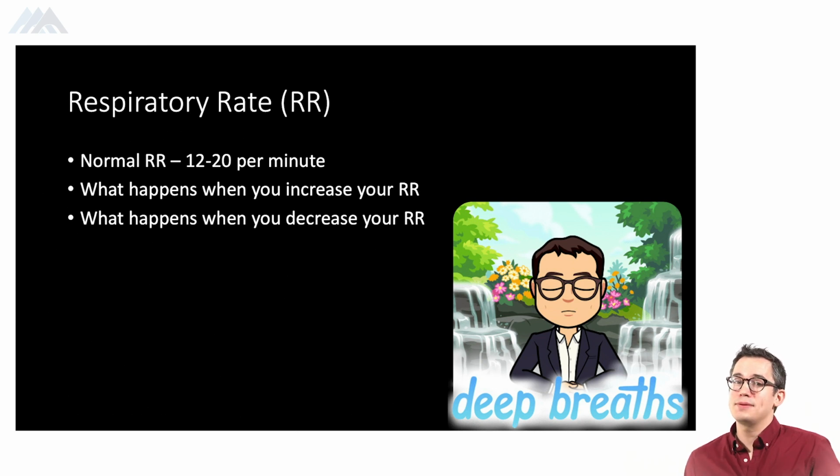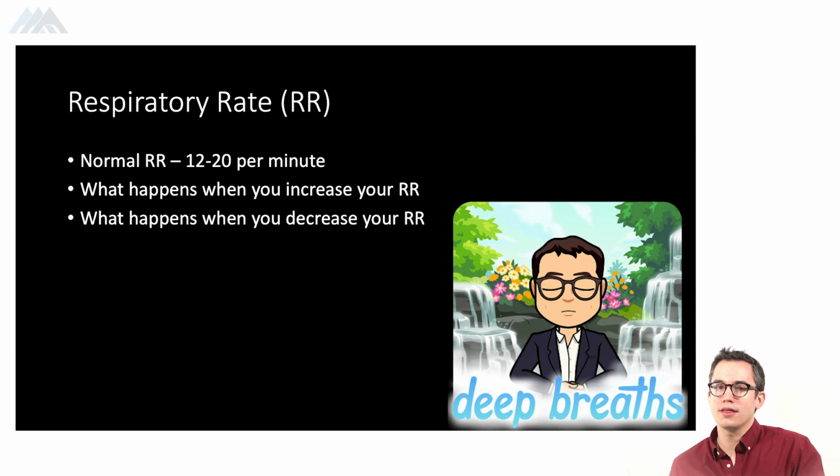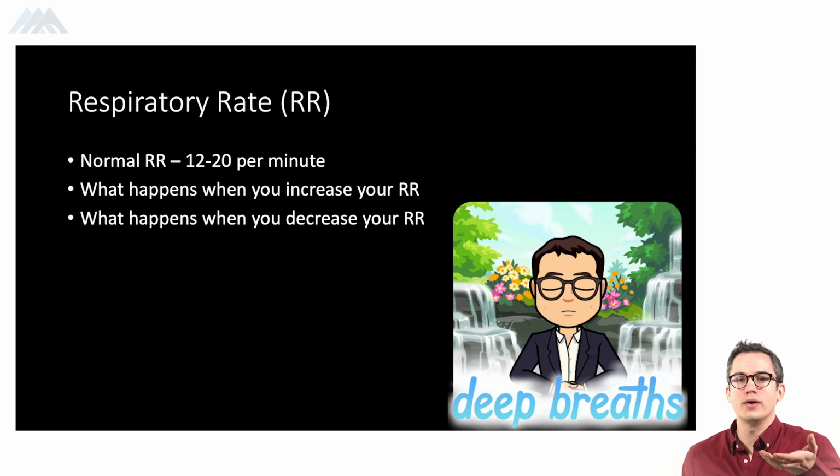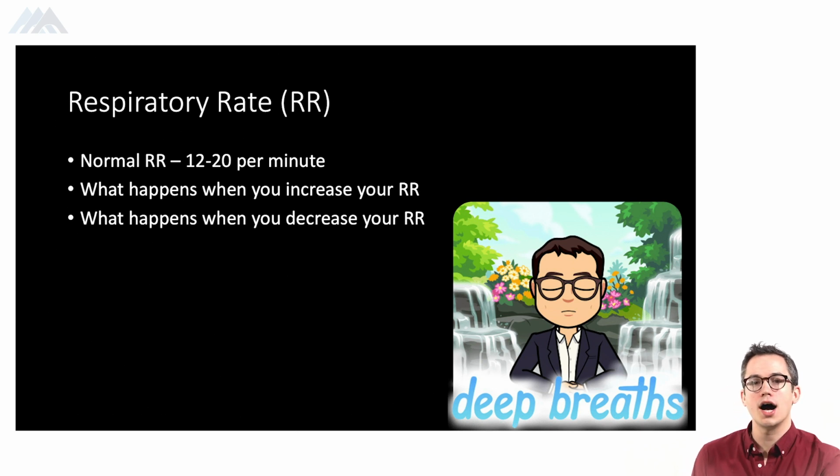And then the exact opposite of that, if we decrease our respiratory rate, how many breaths that we're taking in a minute, we're going to do what to our CO2? If we decrease the times that we're taking a breath, what's going to happen? Our CO2 then is going to rise because we're blowing off less volume in a minute.